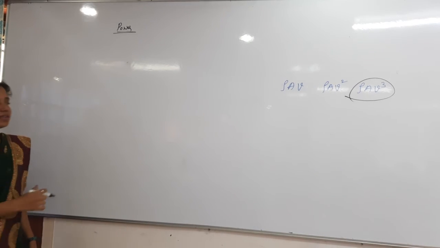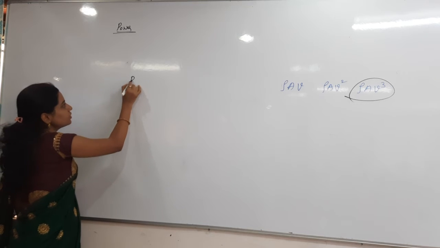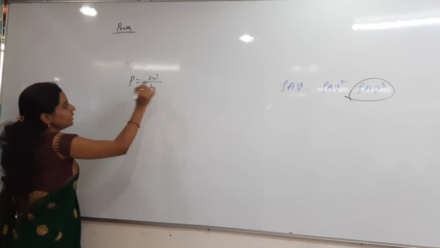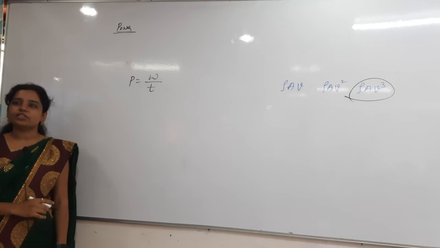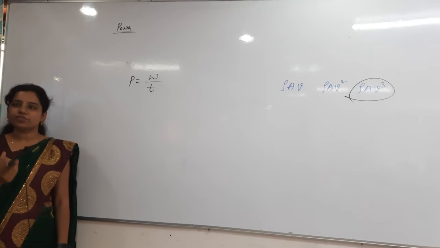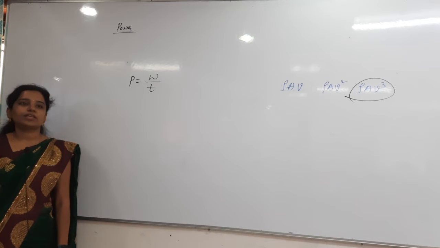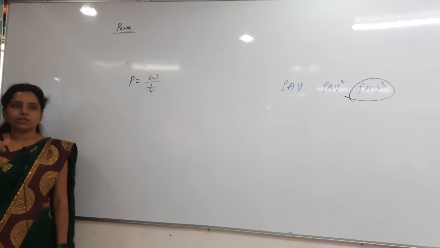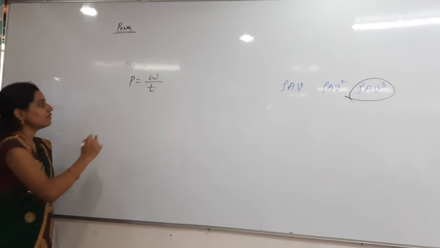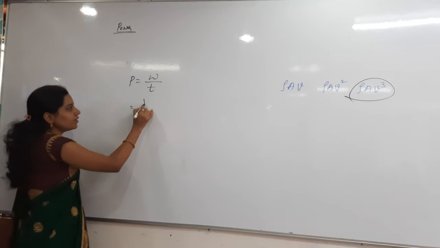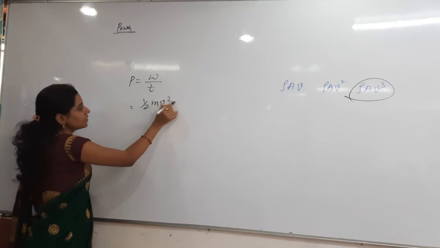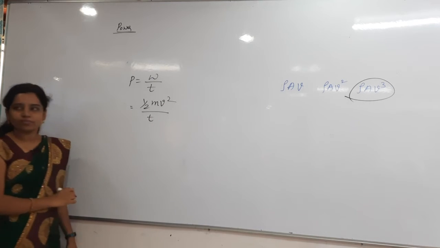Cube is the correct answer. Why? Because what is the formula for power? Work done by time. Here they are saying that it is moving with what velocity initially? V velocity. Finally, it is dead on the wall. So here work done is equal to the change in the kinetic energy only. So clearly what I can write? Half m into v square divided by time t.